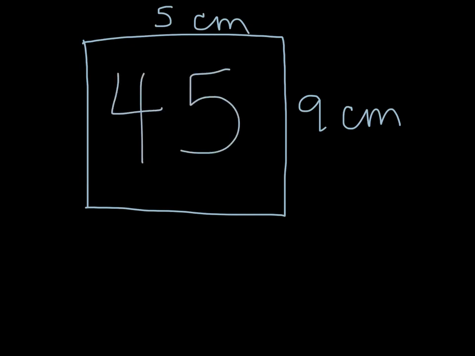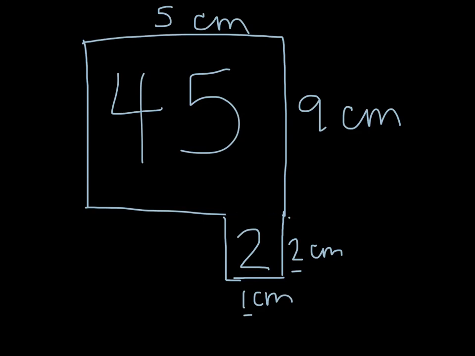I need 2 more square centimeters in my complex figure. So I'm just going to add on something that is 2 centimeters and 1 centimeter wide. Because 2 times 1, the area of this part of this figure is 2. So my total area is 47. And if I want to, I can erase this so it looks like a complex figure.